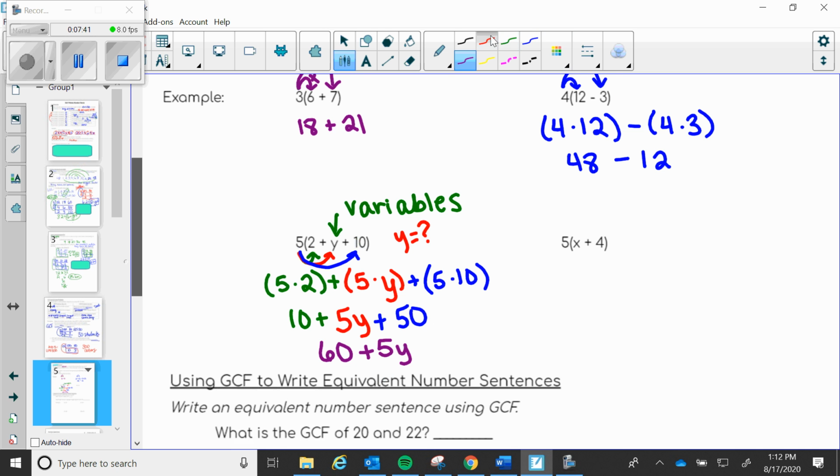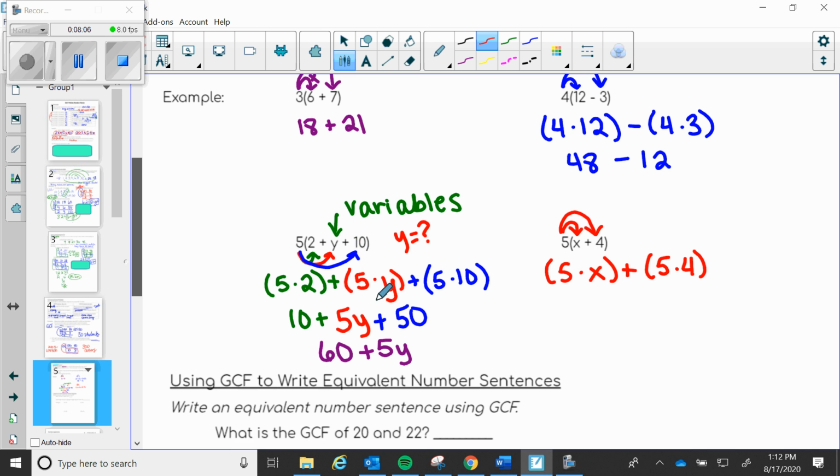And then our last example, same thing, we've got a variable, so multiply 5 times x. Let's write that out, bring down your sign, and then you do 5 times 4.